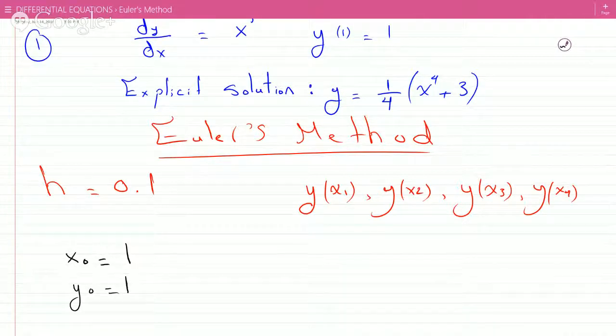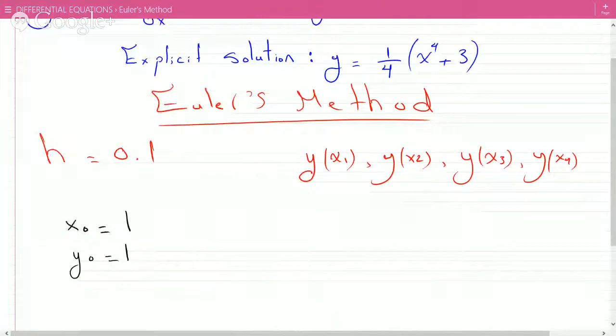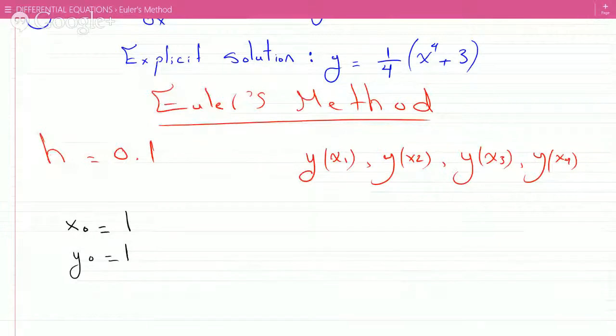So if you remember, and our h is 0.1, right? So that means what's our next x? So our next x will be x1.